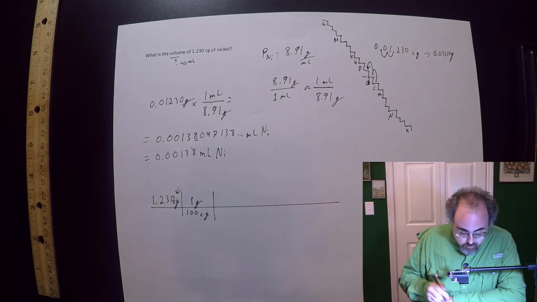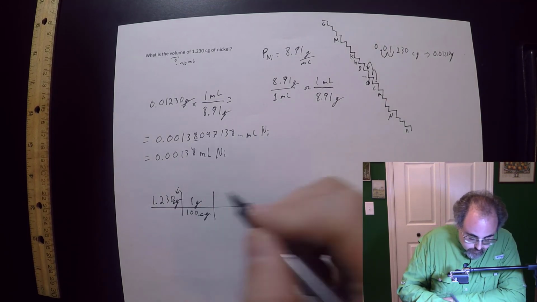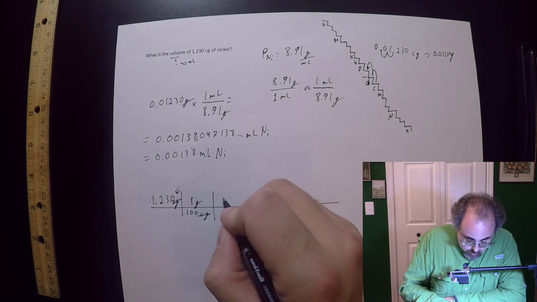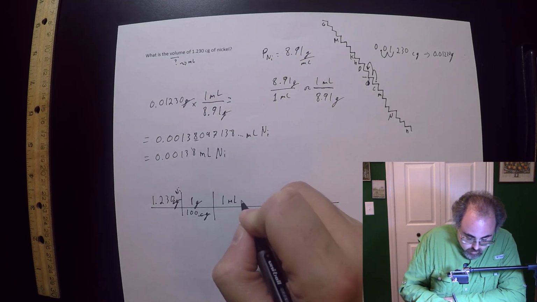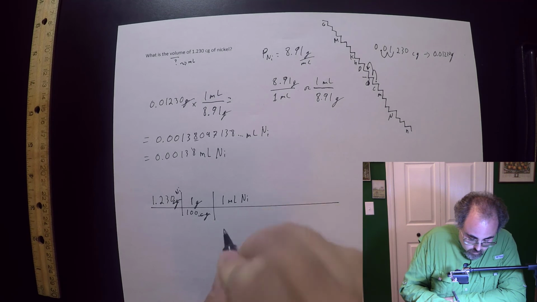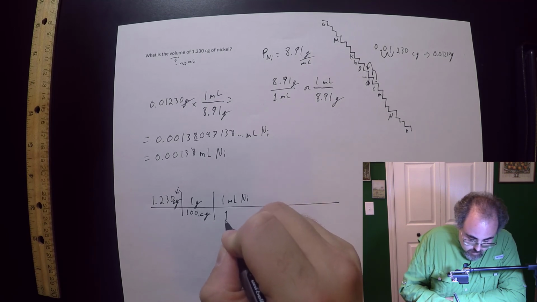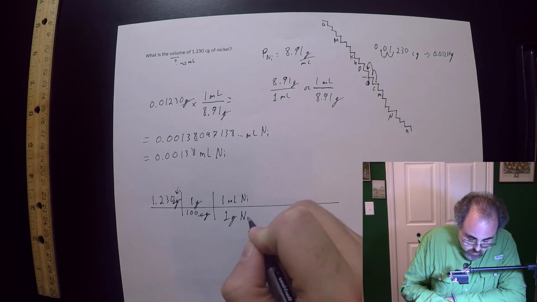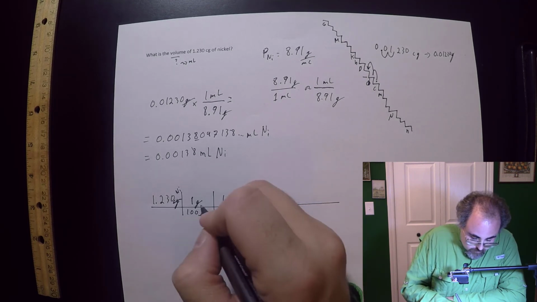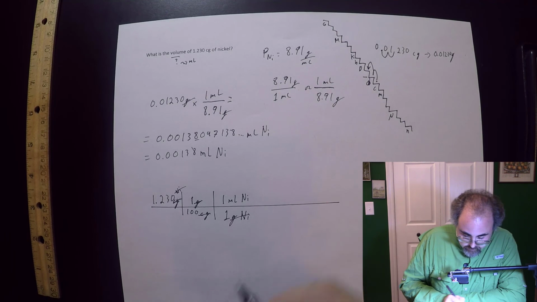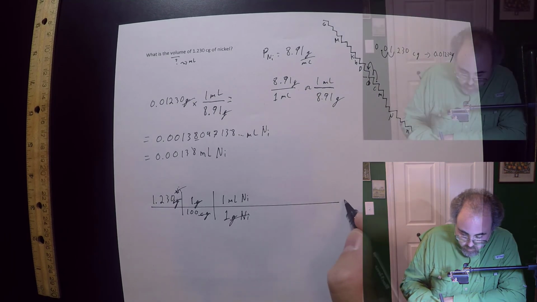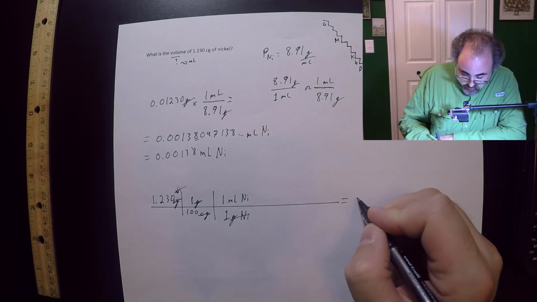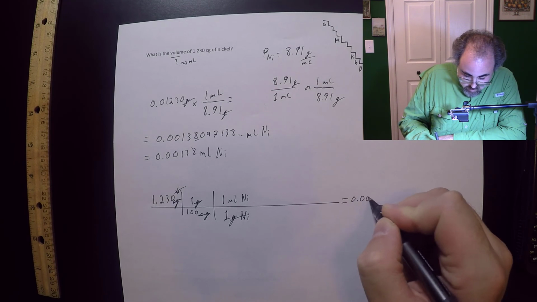Okay, so now at this point, my centigrams have canceled. So now I'll bring in my 1 milliliter, really I should say of nickel, for every 1 gram of nickel. Grams of nickel cancel. I'm left with milliliters. I made my line way too long. And it's going to still equal the same thing.